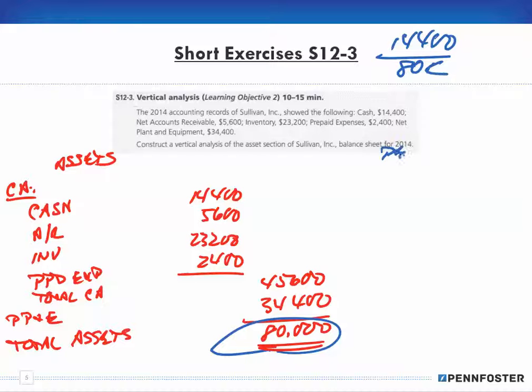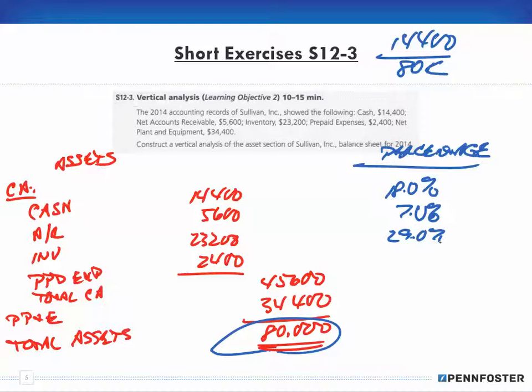So this is my percentage column of 18.0%. 5,600 divided by 80,000 is 7%. 23,200 divided by 80,000 is 29.0%. 2,400 divided by 80,000 is 3.0%.